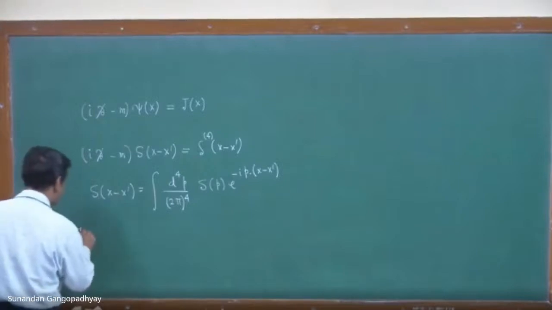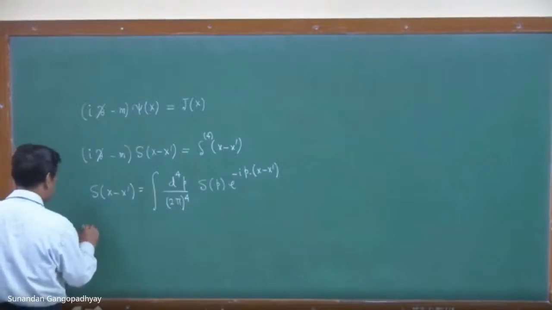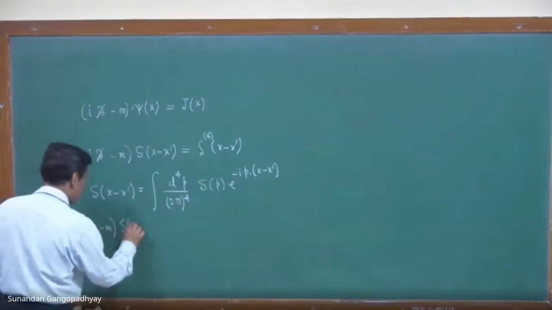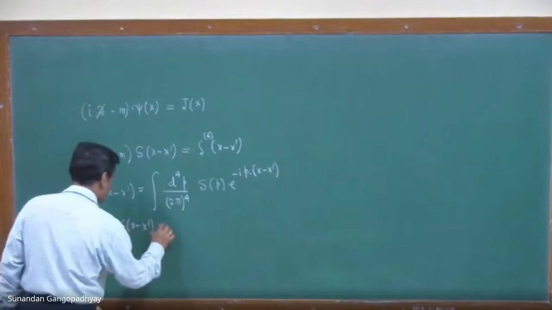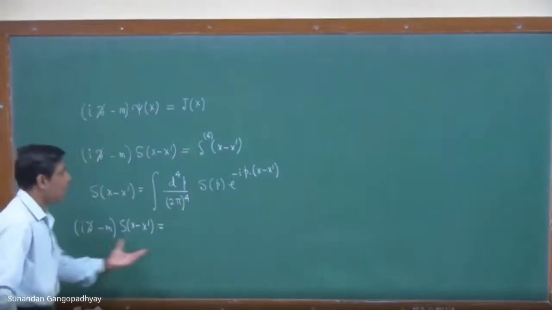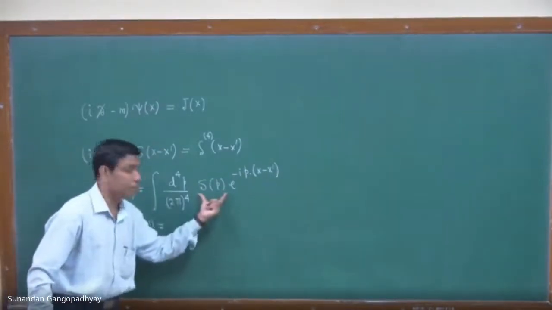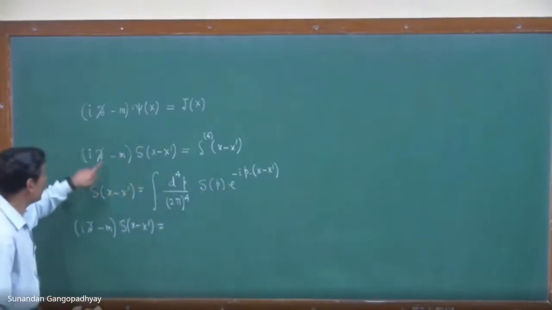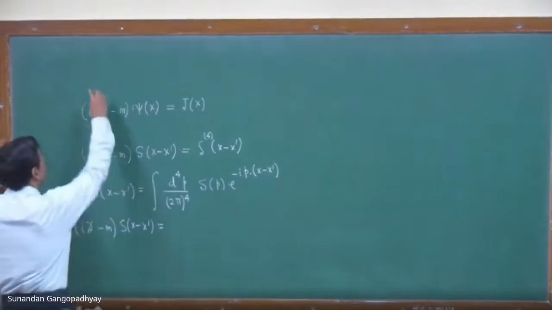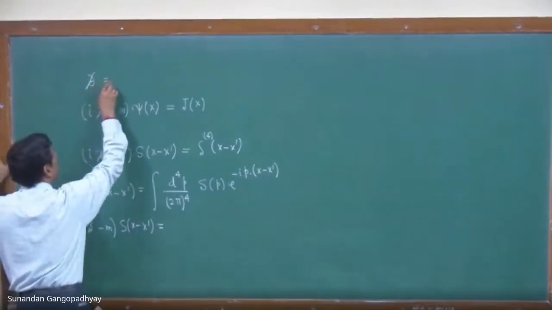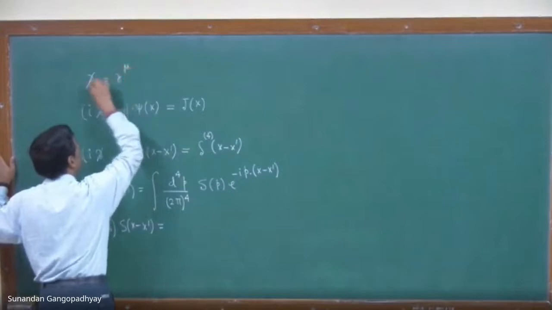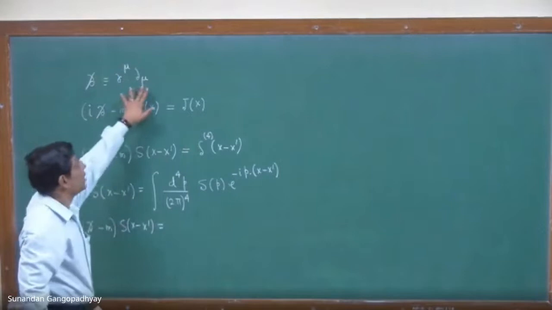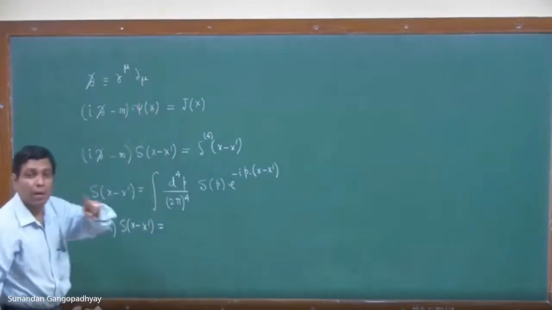So what we shall get is i del slash minus m acting on S of x minus x prime. This operator will act only on this part and not on this part, because this is only a function of momentum. You should remember that this del slash is nothing but the Feynman slash notation, which means gamma mu del mu, and this del mu acts only on the x part, not on x prime.